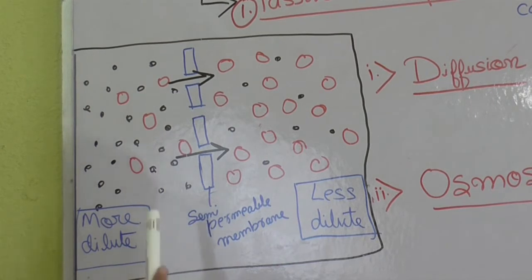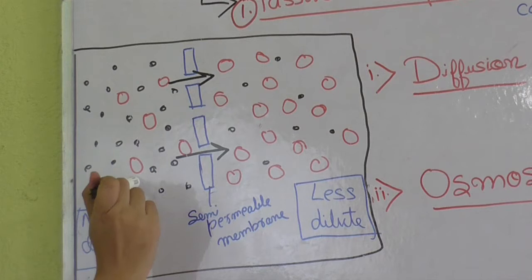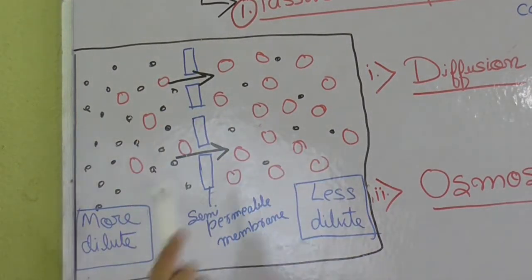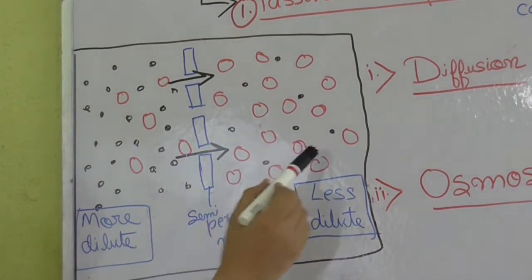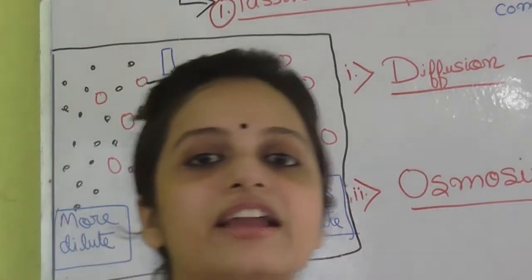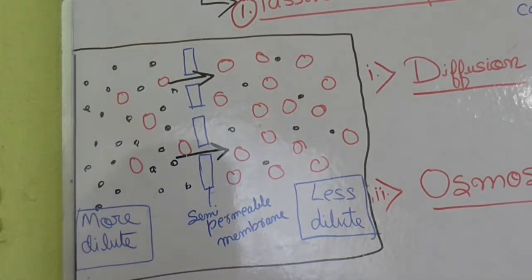The water content will move from its region of higher concentration to its region of lower concentration. But the same cannot happen with the sugar molecules. They can't move across the semi-permeable membrane because the pores are much smaller for them to move.